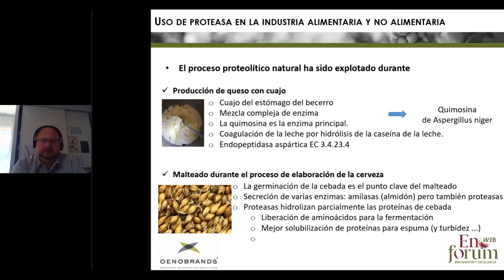Malting during the brewing process is also an old process involving protease, and it's a completely natural process.